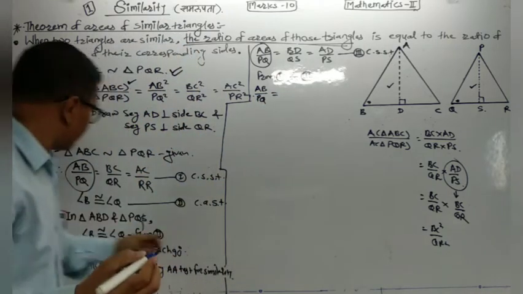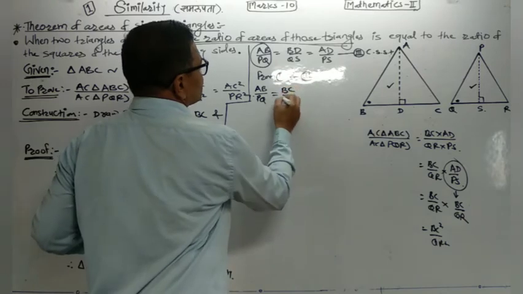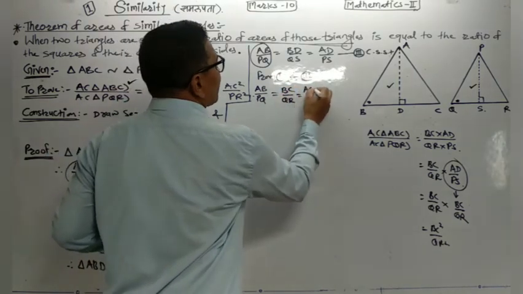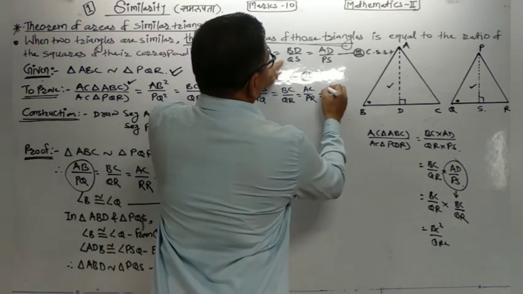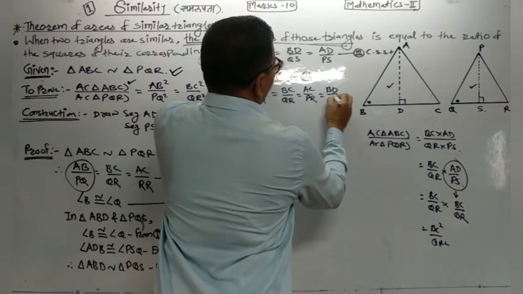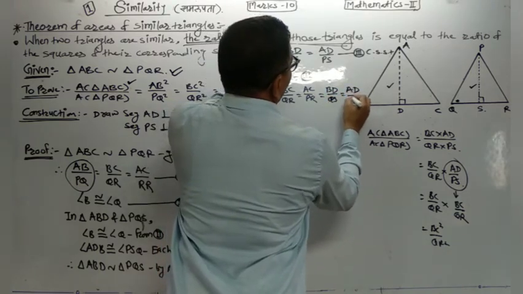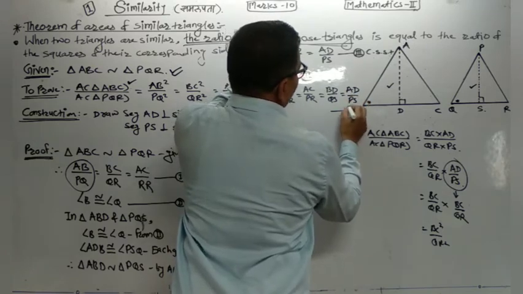Which are the 4? BC by QR. This is the first. BC by QR equals AC by PR, AC by PR equals BD by QS, BD by QS equals AD by PS. This is step number 4.